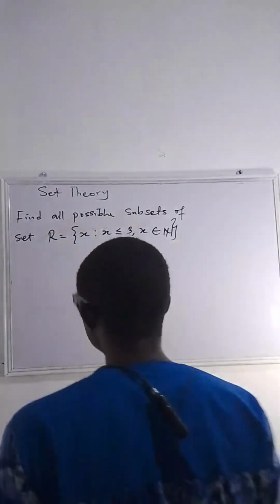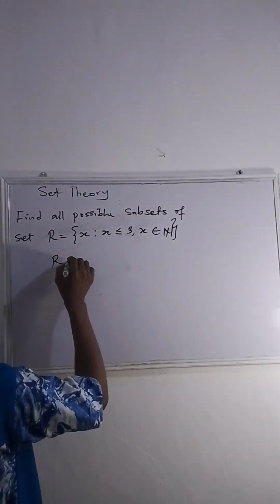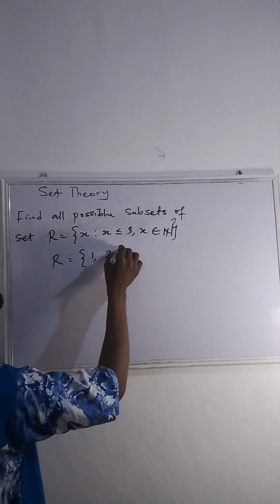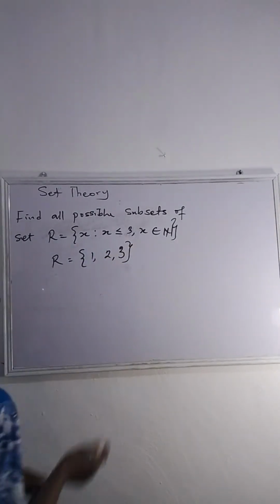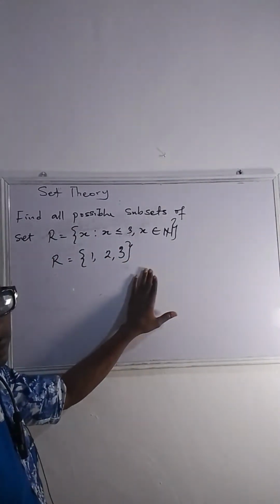Now, the first thing is to list members of this set. So we have 1, 2, and 3. These are members of this set. So all possible subsets of this.